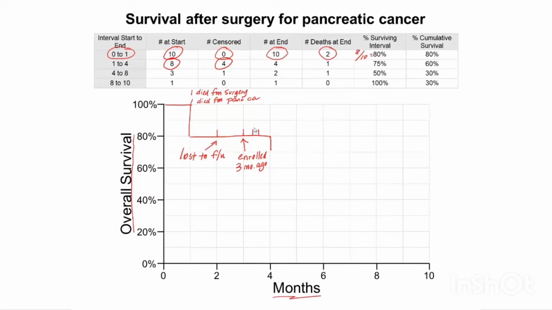Some censoring events. Now, patients tend to get lost to follow-up as you get further and further out. This one wasn't really lost to follow-up. I mentioned very quickly that this one enrolled 3.5 months ago. This one moved to England.